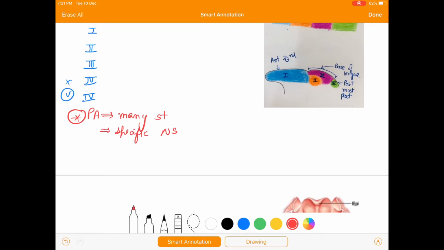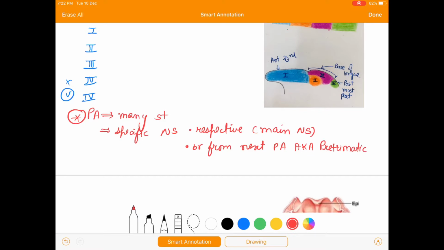That nerve supply is first its respective branch, which is the main nerve supply, and then we have a branch from the next pharyngeal arch, which is also known as the prétrematic nerve supply.